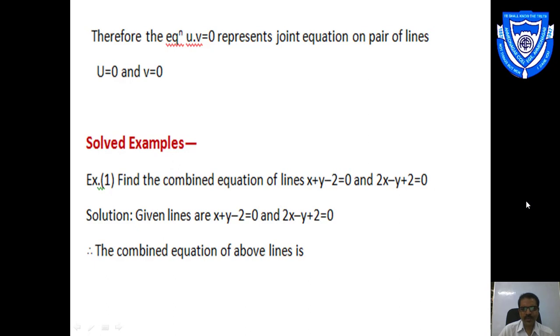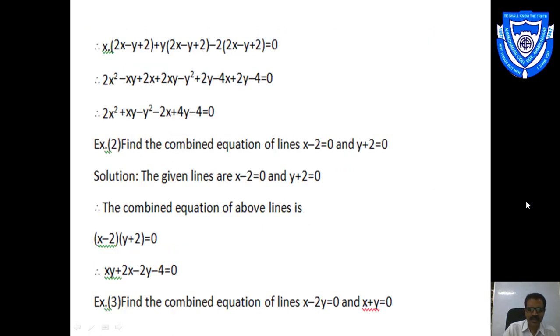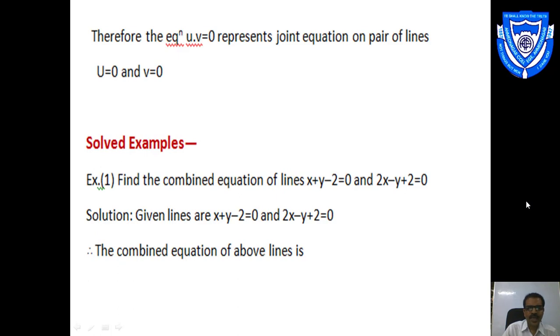The separate equations of the two lines are given here. To obtain their combined equation, simply take the product of these two separate equations. Therefore, the combined equation of the above lines is x plus y minus 2 into 2x minus y plus 2 is equal to 0.